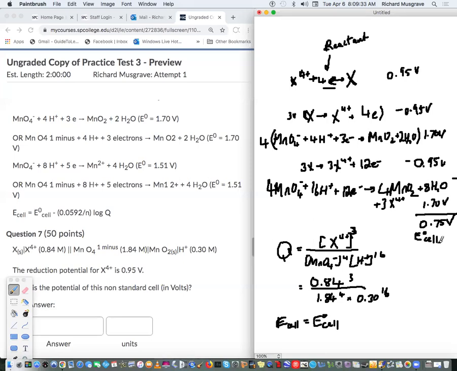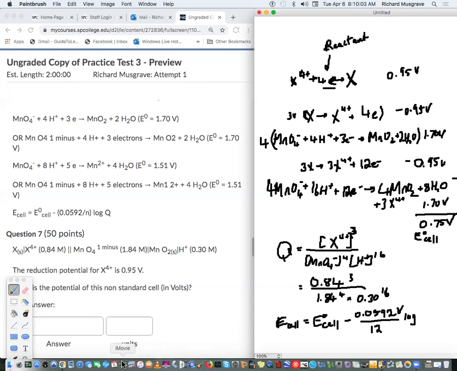That's the voltage under standard conditions. Minus, let's see, 0.0592 V over n, which is the number of electrons transferred in the balanced equation, which is 12. It's whatever it had to be to make it equal. And then that's times log of whatever we got up here, the Q.